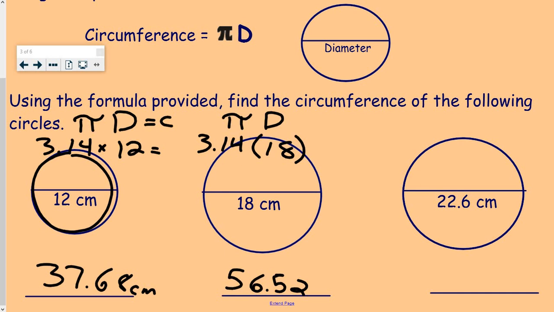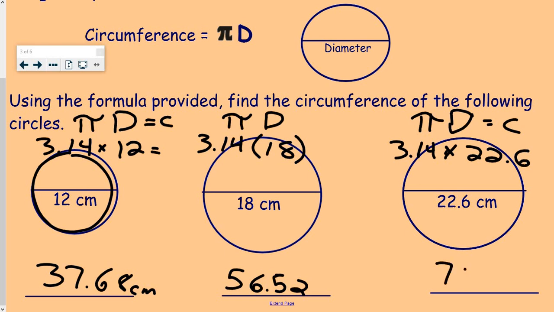And for the final one, you should be able to pause it and do this at home, but pi d equals c. So pi is 3.14 times 22.6 equals 70.964.